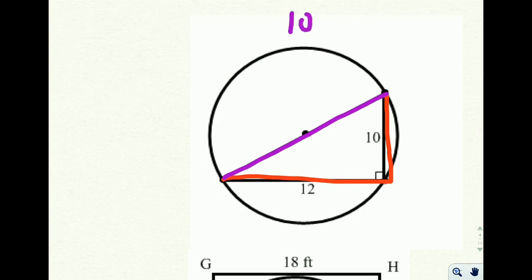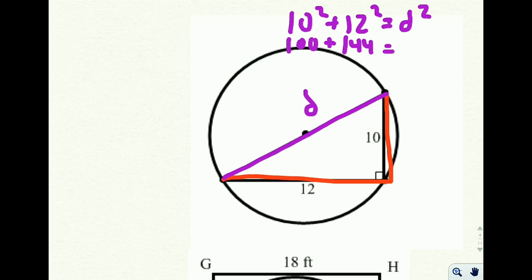So we can do 10 squared plus 12 squared equals, in this case this side is a diameter, so I'll call it d squared. 10 squared is 100, 12 squared is 144. We add those together and we get 244 equal to d squared. So that means d is equal to the square root of 244.